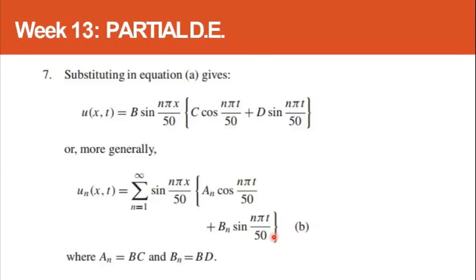So, kung mapapansin mo dito, ang pinalitan lang naman natin na value is the value of L, which is yung value ng L natin is 50 based dun sa problem number 1 natin na given is, we have the given as 50. And ito is given na rin siya kanina dun sa formula natin, which is yung A sub n natin is also equivalent with B times C. And for the B sub n is also equivalent with B times D. Yan, given naman siya kanina.